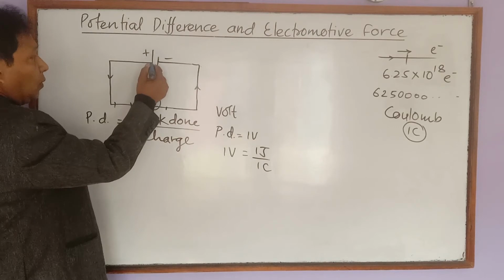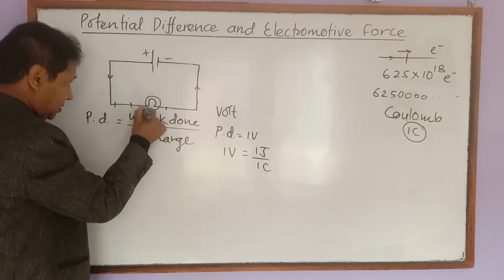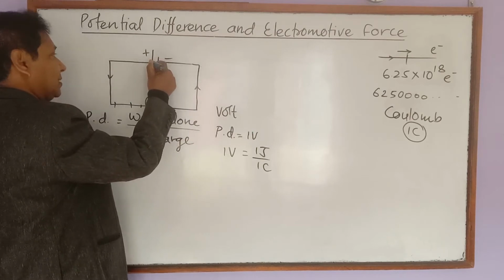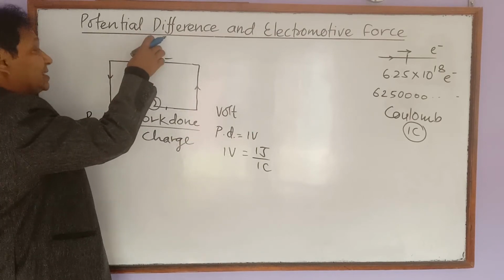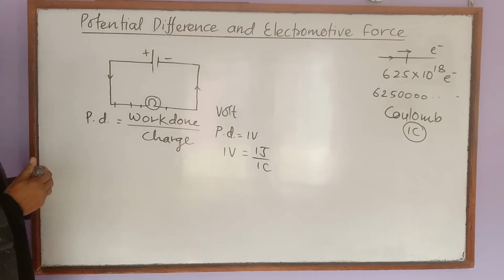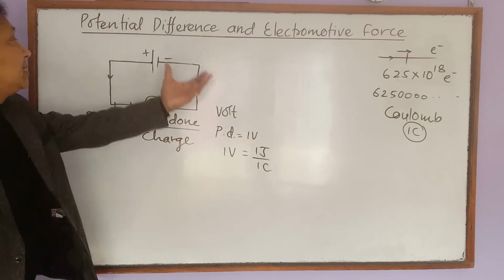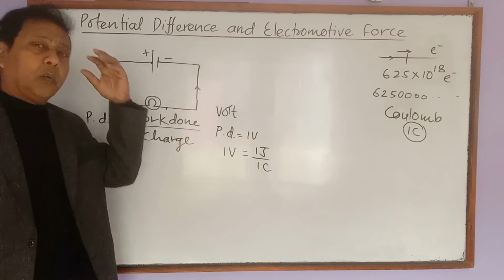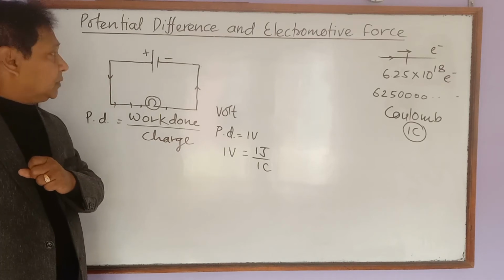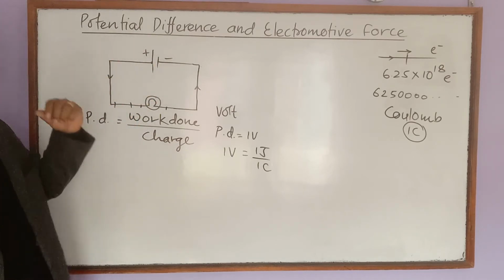The difference is when 1 coulomb charge flows from this positive terminal to again the same point, the positive terminal, how much energy the cell delivers in the circuit, that represents EMF. The energy delivered by a source for the flow of 1 unit charge throughout the circuit is called what? EMF of that source.